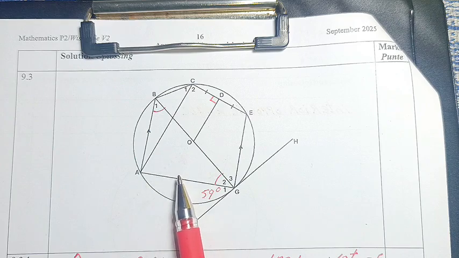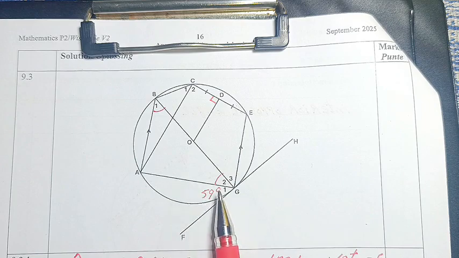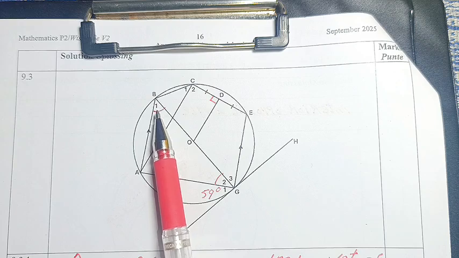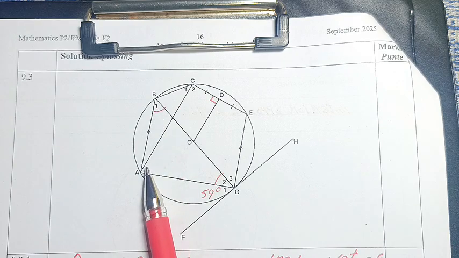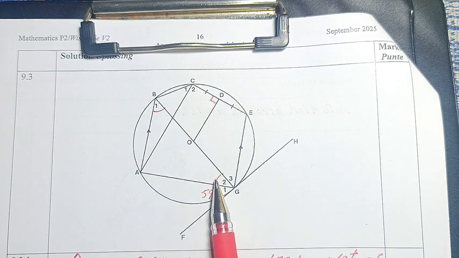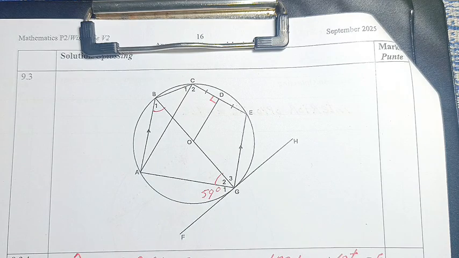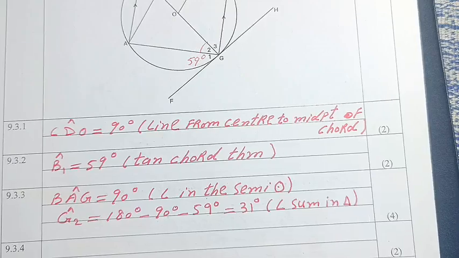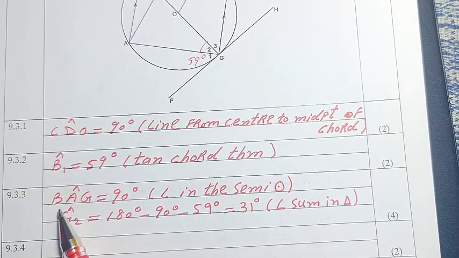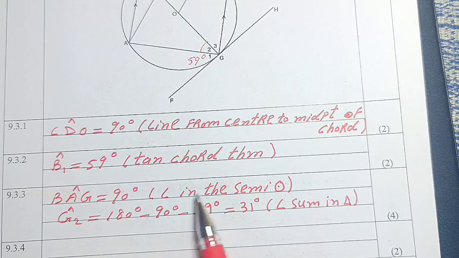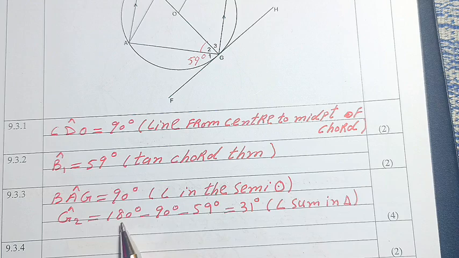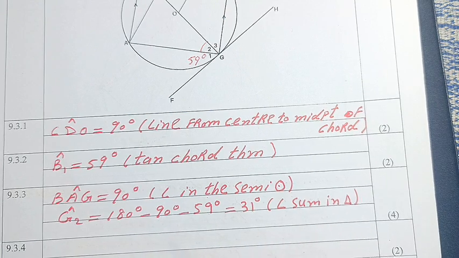Then I'm going to use the sum of angles in a triangle to find angle G2, because B1 is 59 degrees and angle A is 90 degrees. Angle G2 is 180 degrees minus 90 degrees minus 59 degrees, which is equal to 31 degrees, angle sum in triangle.